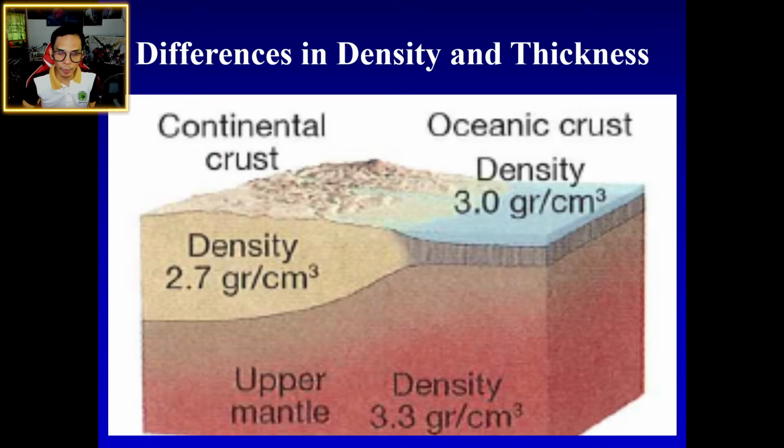If we are going to compute how much of the crust is partially submerged in the mantle, and how much of it can be seen on the surface, there is a mathematical expression that we will use to prove that particular aspect.